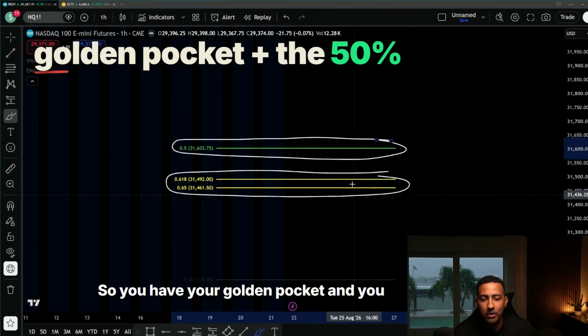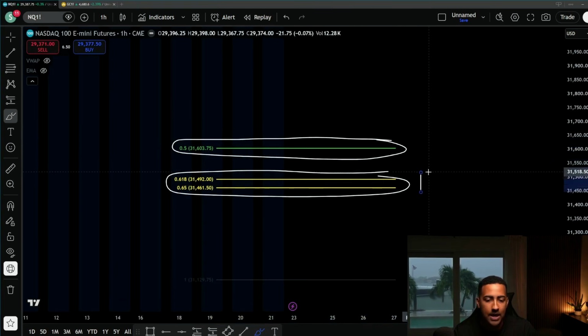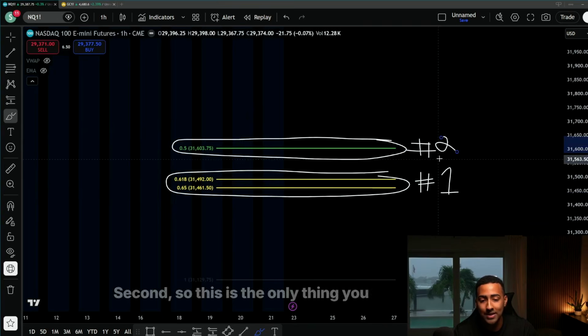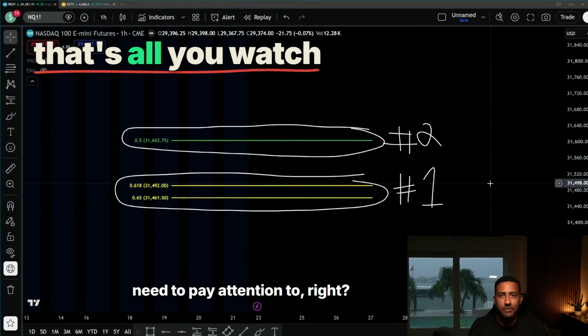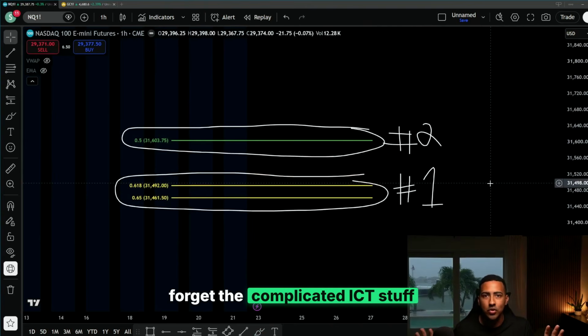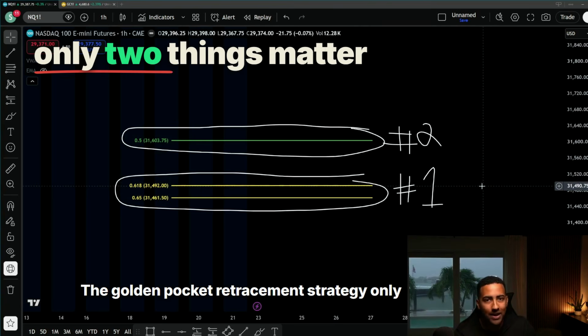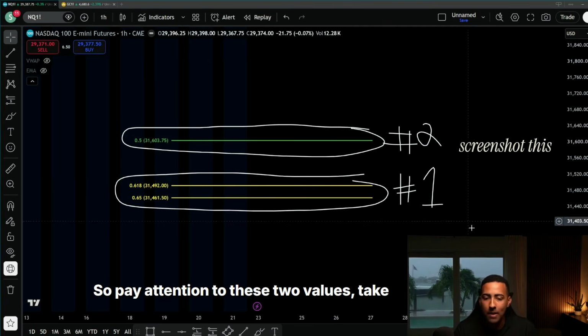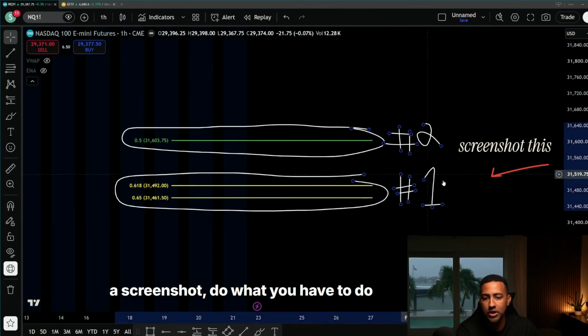So you have your golden pocket and you have your 50%. In order of importance, your golden pocket is going to be reacted to more, and your 50% is going to be reacted to second. So this is the only thing you need to pay attention to, right? Think about all the ICT strategies that have all these really complex, complicated things. The golden pocket retracement strategy only revolves around 2 things. So pay attention to these 2 values, take a screenshot, do what you have to do.